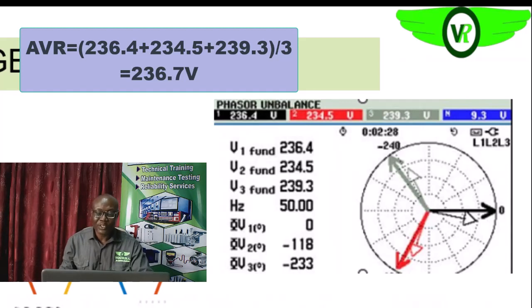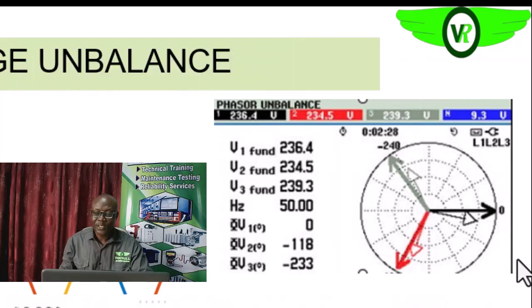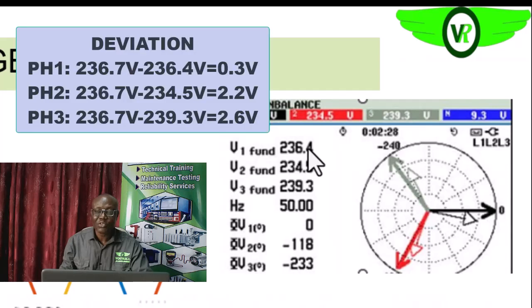So with this average voltage, when we take the difference with 236.4, we have 0.3. Then the average minus 234.5, we have 2.2.